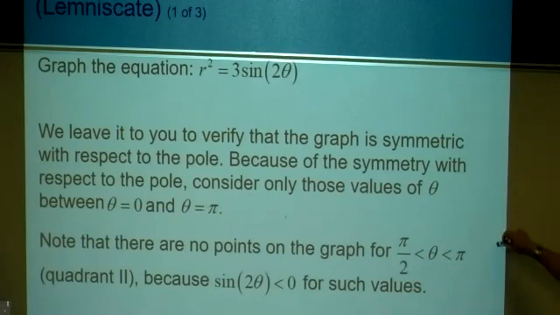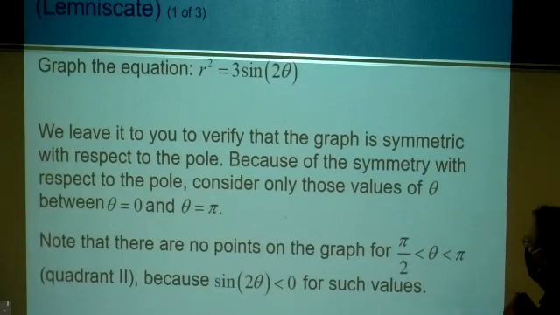All right. There will be no points on the graph in the second quadrant.